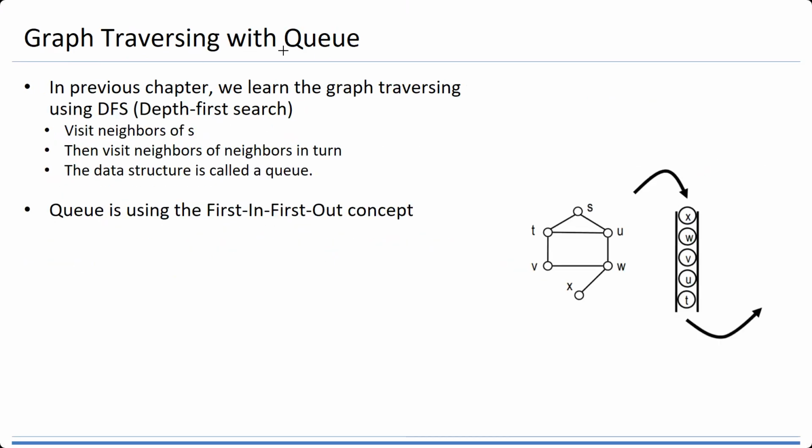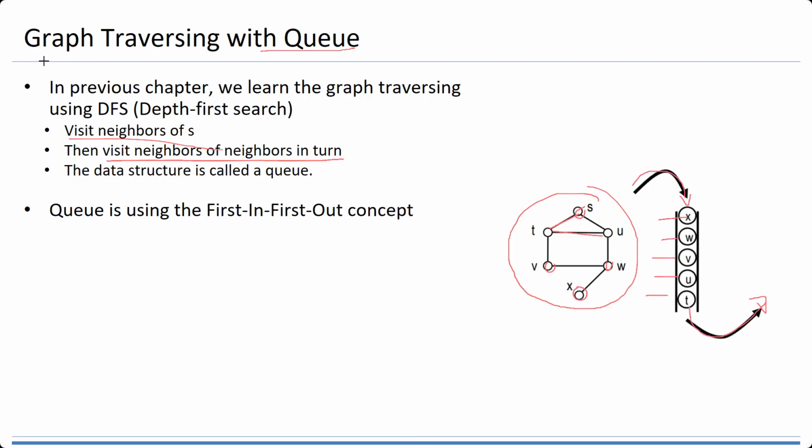Now, if we do with the Q, let's say we have the same graph, and then I visit S, and then visit the neighbors of neighbors in turn, S, and then I'm going to visit T. After T, I'm going to visit U. So I'm going to visit W. I'm going to visit V, and then the last one, I'm going to visit X. So you can put into the queue, and then you can remove after you put the element into the queue.